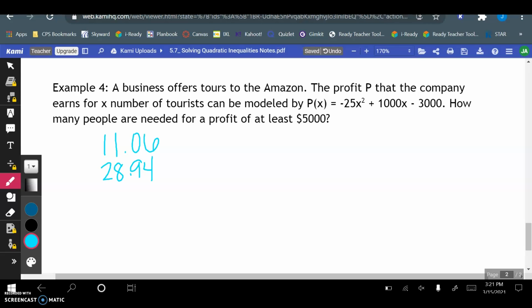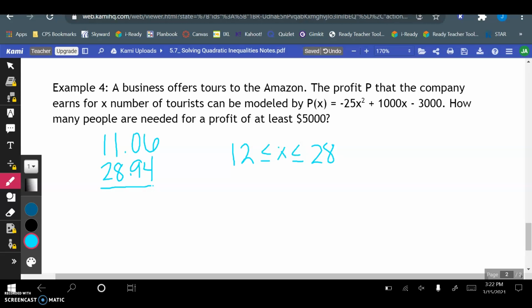So that means that in order to make at least $5,000, they have to sell over 11. So that would have to be 12 people, and then 28.94 is under 28, not quite to the 29th person. So anywhere in between those two numbers.